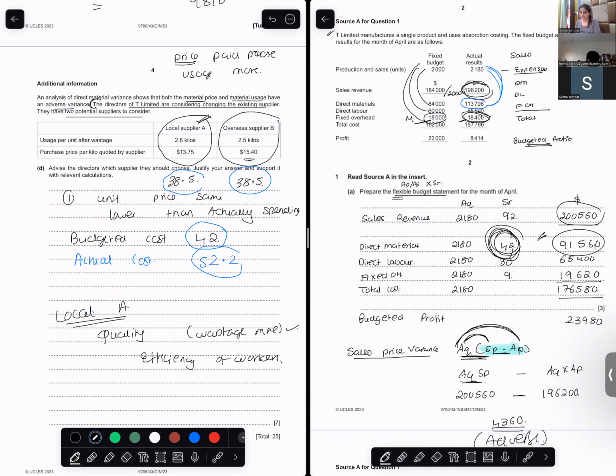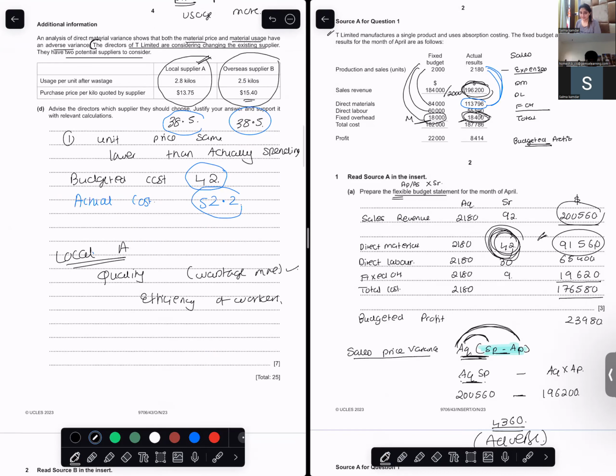What else will it affect? There'll be more wastage. It'll affect the goodwill, the brand image. Quality of the product would be less.